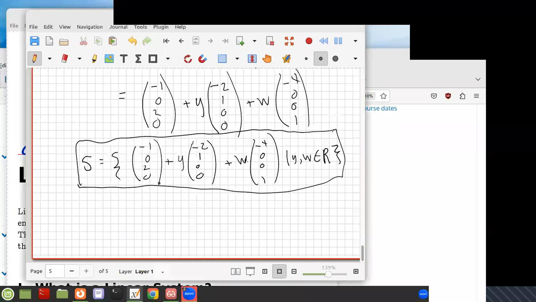Okay, when you've written it in this form, the solution makes a pattern. There's always going to be a constant vector here, right?